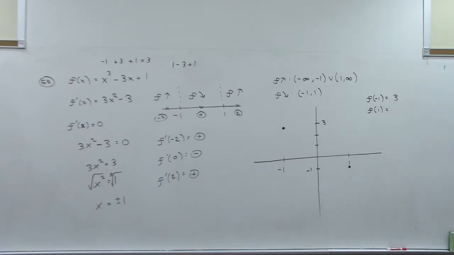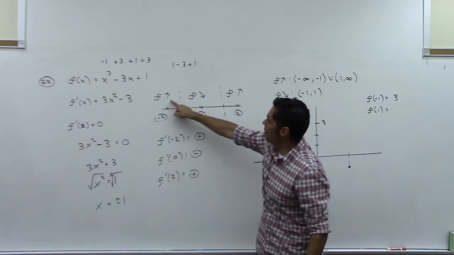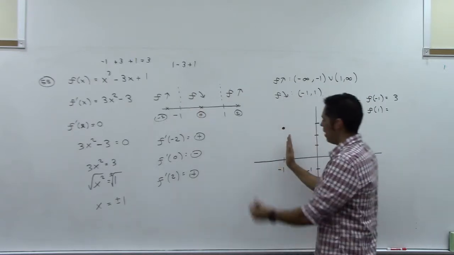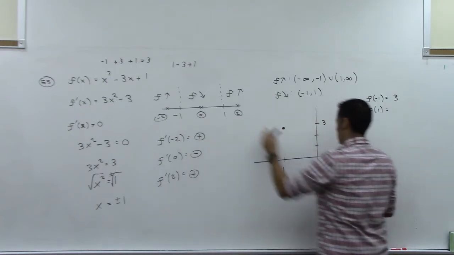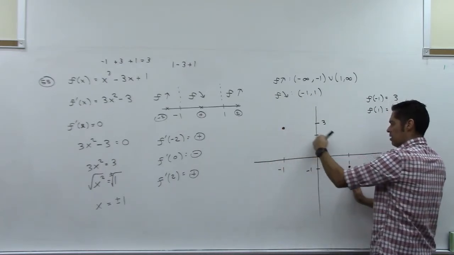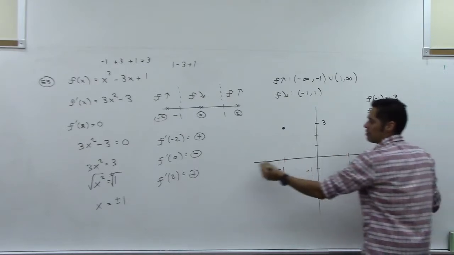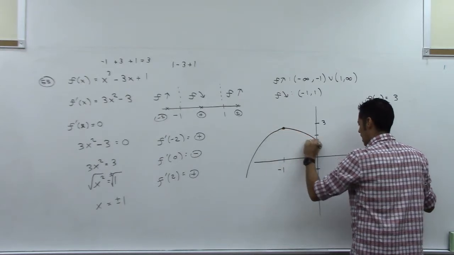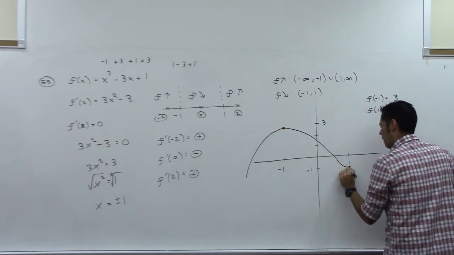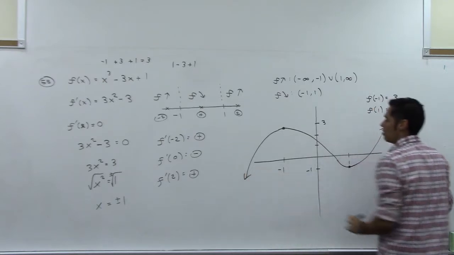Now we're going to use the fact that to the left of negative 1, I've got to be increasing. So my graph has to be coming up like this. Between negative 1 and 1, my graph has to decrease. And then past 1, it's got to go up. So I think this would be a good graph. I go up, now I start coming down, and then I have to go back up again. So that's what my graph basically looks like.